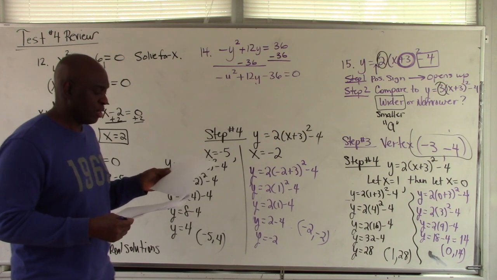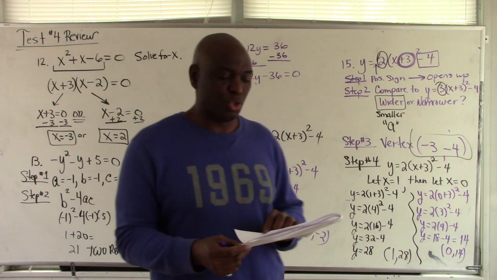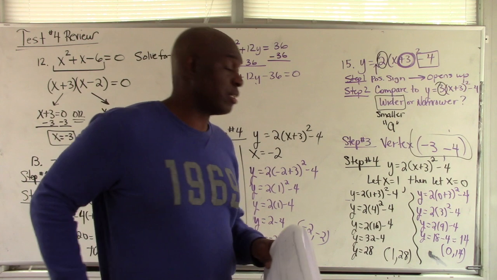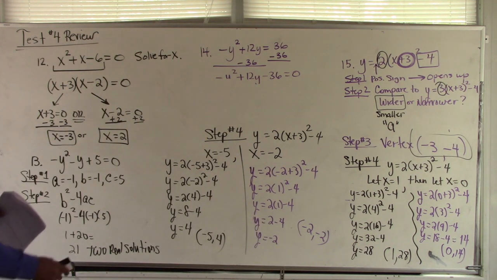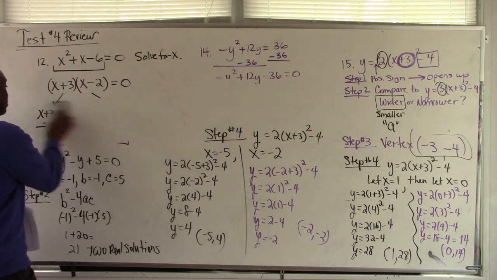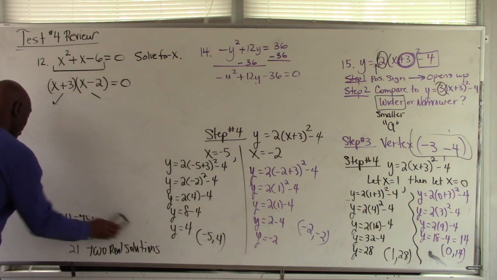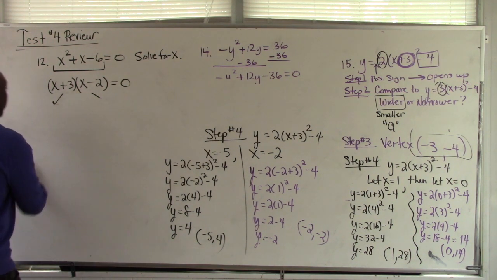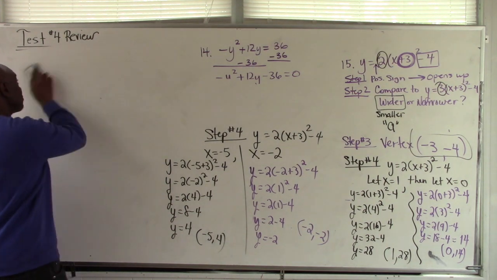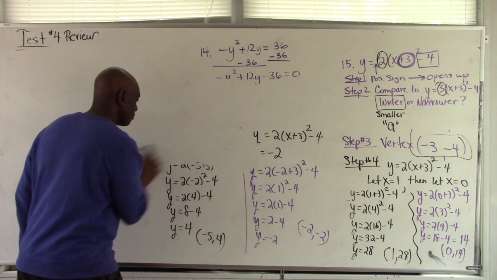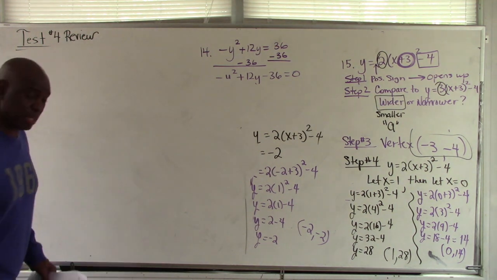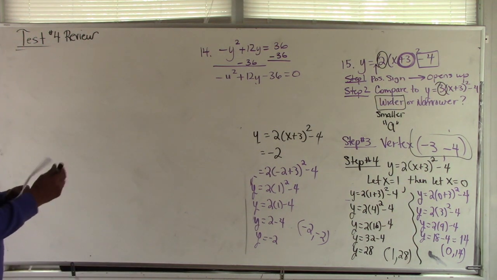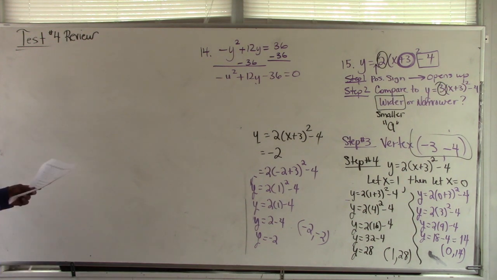Now, we're almost done. 2 more to go. 16 and 17. All right. Here we go. 16 and 17. All right. 16.